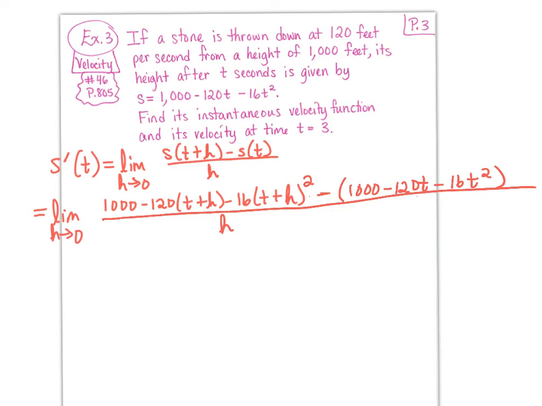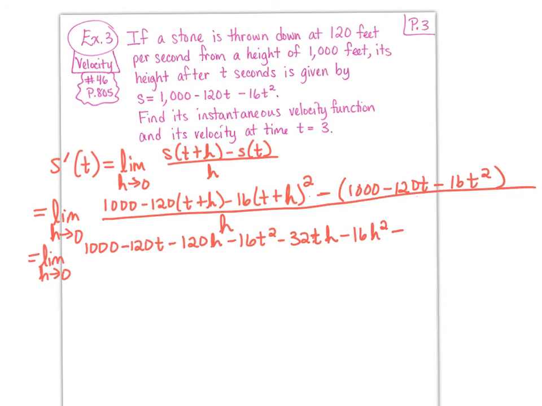So this is the limit as h approaches 0 of 1,000 minus 120t minus 120h minus 16t squared minus 32th minus 16h squared minus, distribute the negative.